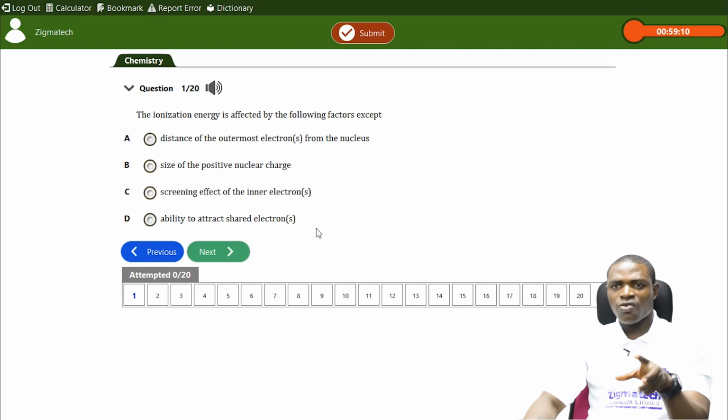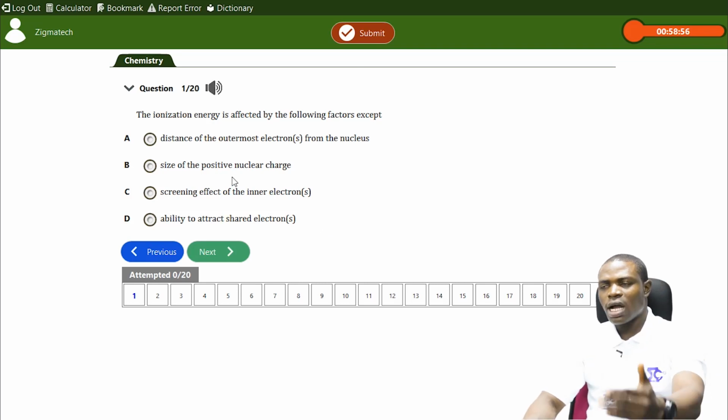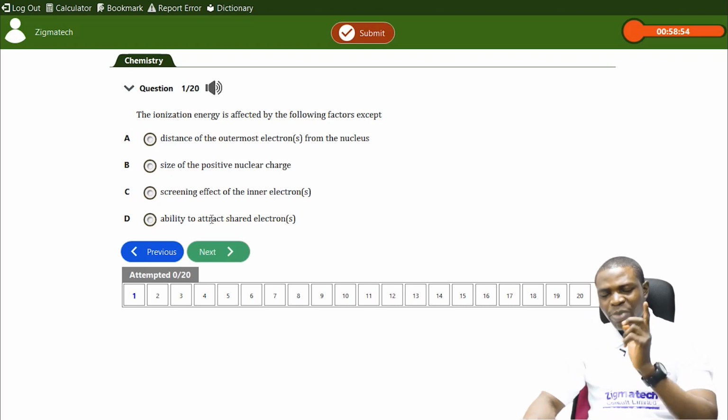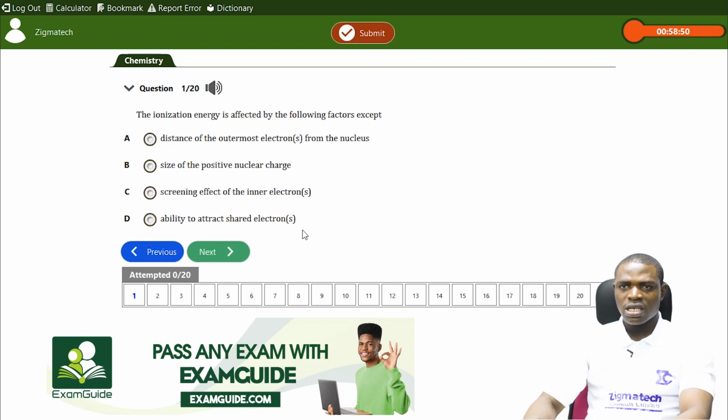The size of the positive nuclear charge also matters, and so does the screening effect of the inner electron. The ability to attract shared electron is not a factor. So the best answer here is the ability to attract shared electron.